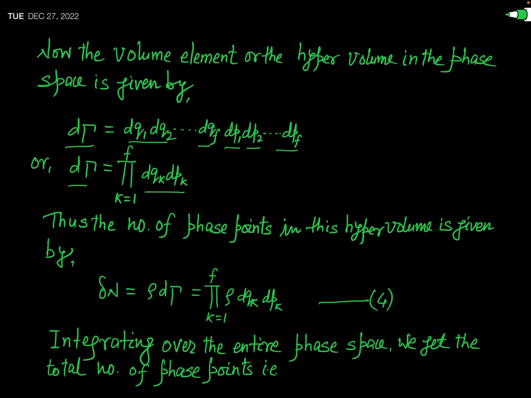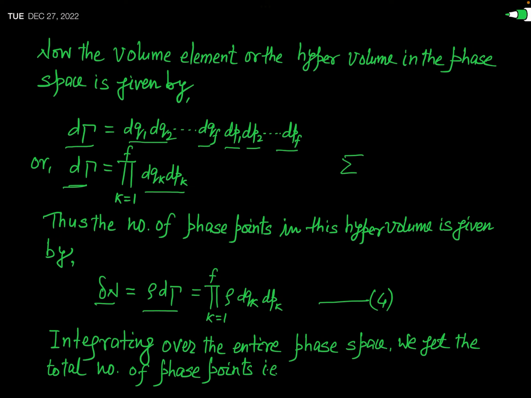Just as this summation sign represents the sum of all terms, this pi represents the product of all quantities over all values of k from 1 to f. So d gamma is this much. Now you have seen that the number of phase points in this hypervolume d gamma is delta n, and that delta n is equal to rho times d gamma.